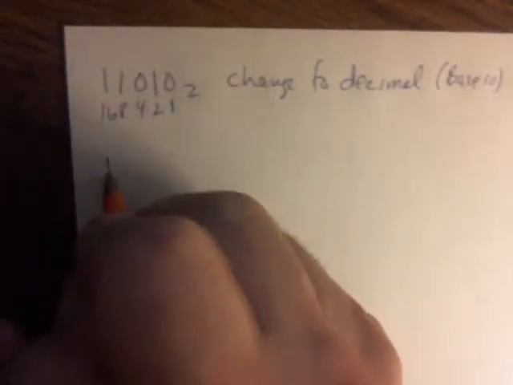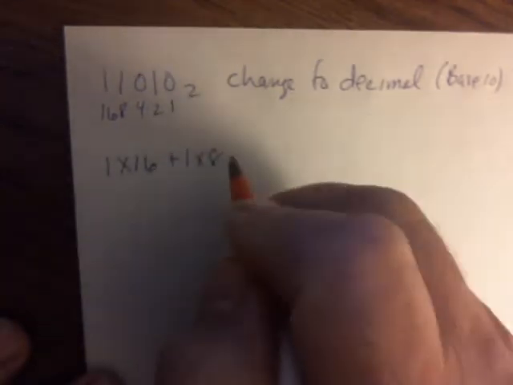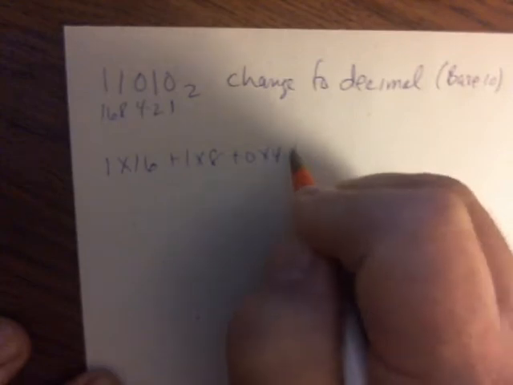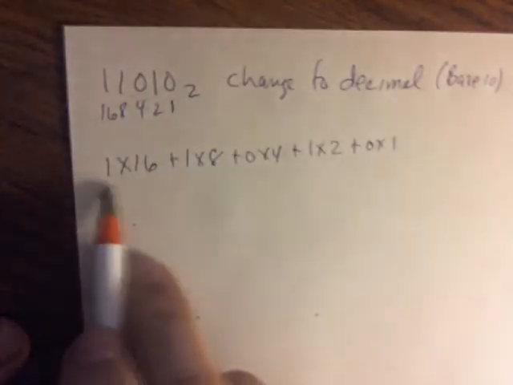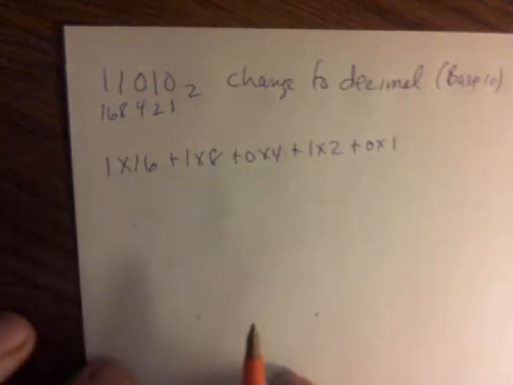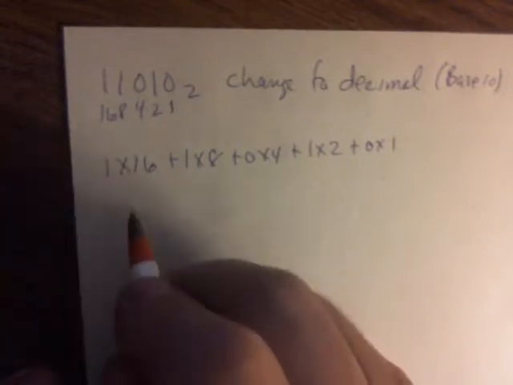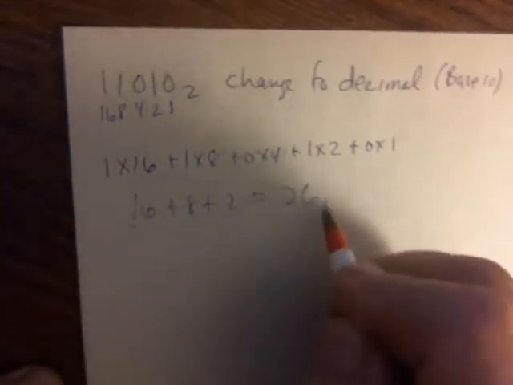So I have 1 16, I have 1 8, I don't have any fours, I have 1 2, and I have 0 ones. And that's what I'm doing. I'm multiplying here. But in theory, what I'm really doing is just taking 16 plus 8 plus 2, because everything else is zeros. And that gives me 26 base 10.